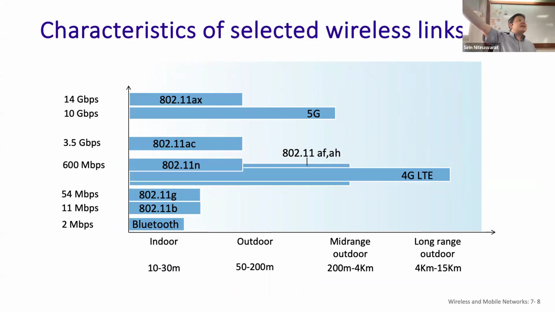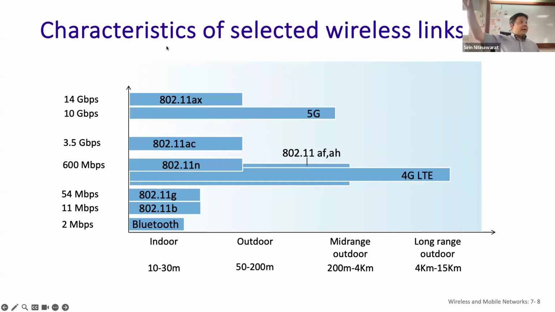Remember the x-axis is the range: the further I go to the right, the further the signal will travel, the larger the coverage. What about the y-axis? It is the bandwidth, so the higher I go, the more maximum capacity the network will offer.